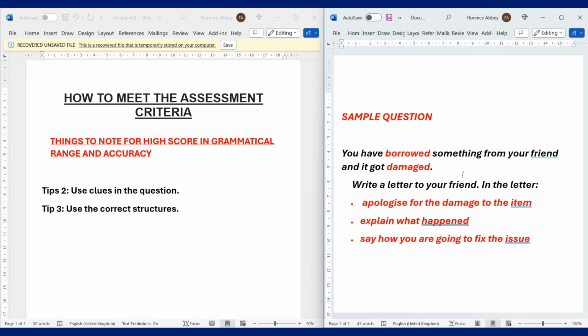It's in the past. And here it tells us to write a letter to this friend, and in the letter we should apologize to the person for the damage of the item. So we are going to apologize. The first bullet point uses a present tense. We are going to use a present tense to make the apology. It tells you to apologize, so you're going to do it now.